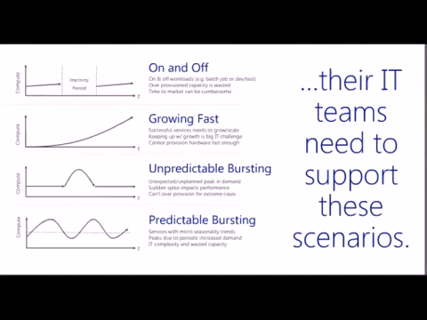You may be in a production pattern whereby you're growing a product and needing to scale fast, or you're having some type of bursting pattern, whether predictable or unpredictable in your business, whereby suddenly your usage on your hardware needs to increase.